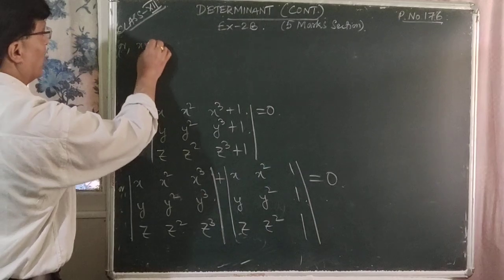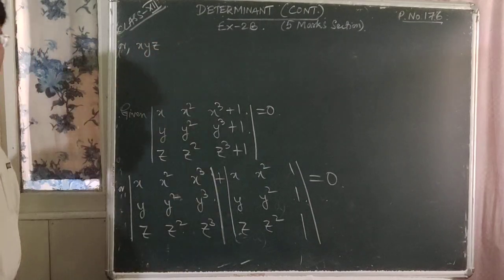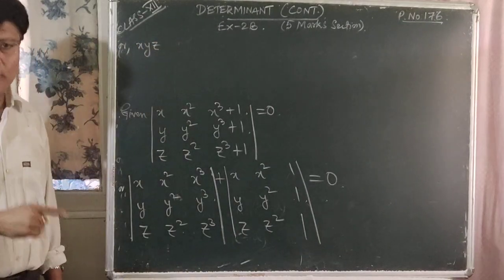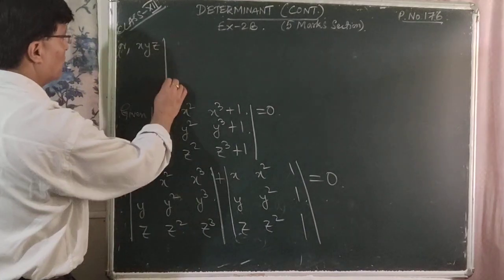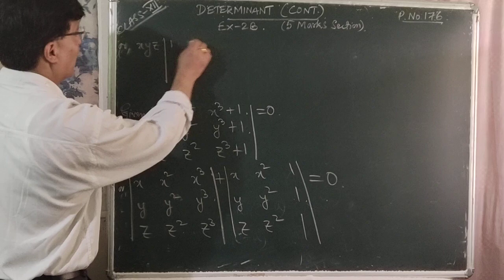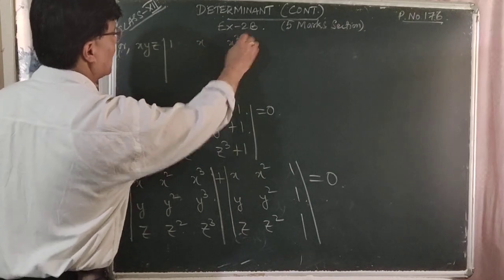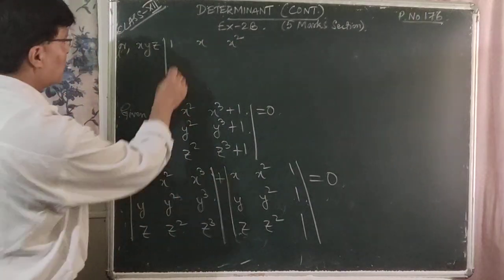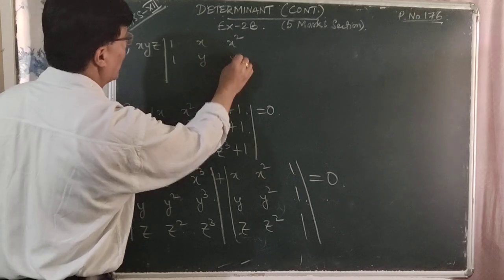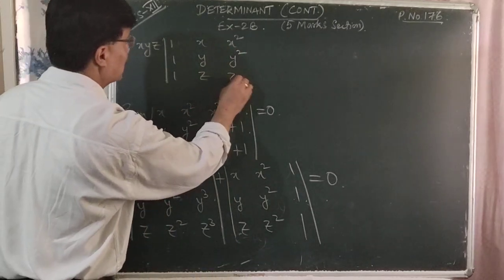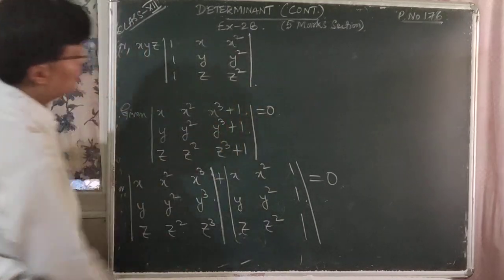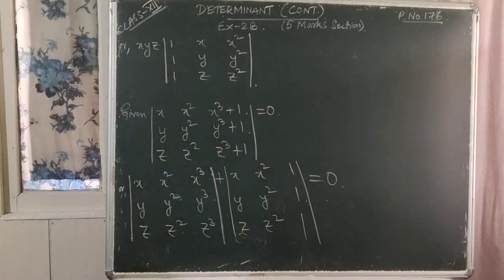So x, y, z are taken common from the first row, second row and third row respectively, right? So what is the new first row here? 1, x, square. What is the second row? 1, y, square. What is the third row? 1, z, square. Is that clear to all of you?